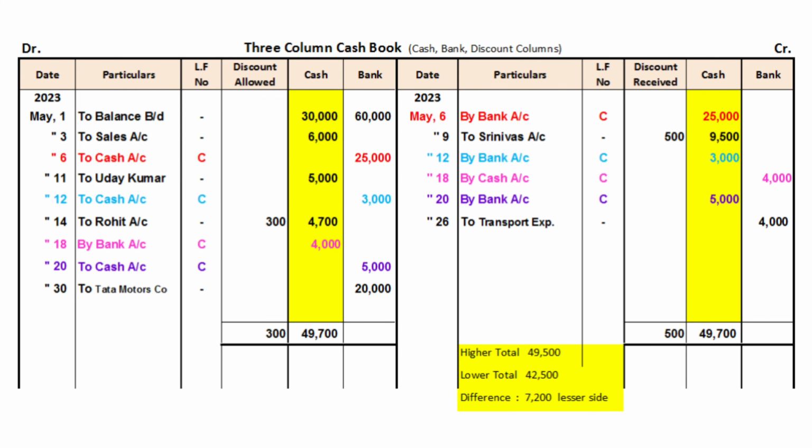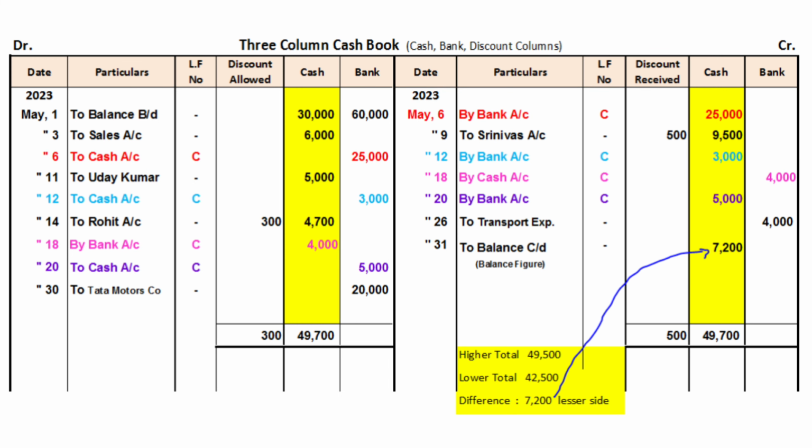The difference should be recorded on the lesser side in the 3-column cash book in the cash column. If you observe the screen, the difference amount is transferred to the lesser side as balance carried down.